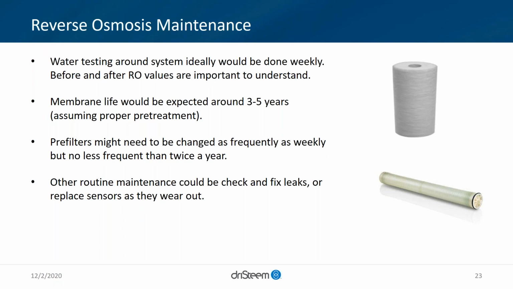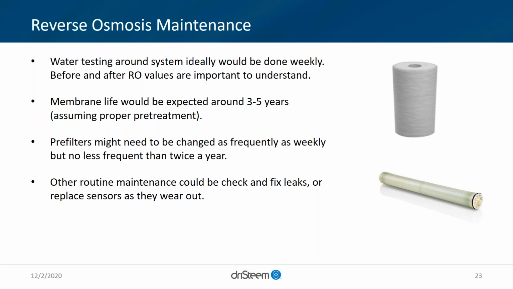And in a lot of these applications, that would be an extreme. I would not say that there would be a huge benefit for most people to do that from a time perspective. But we really do want to understand, versus the other end of that spectrum of never checking, how is your RO performing over time? Is it starting to foul? Is it making its produced amount that it's supposed to, etc.